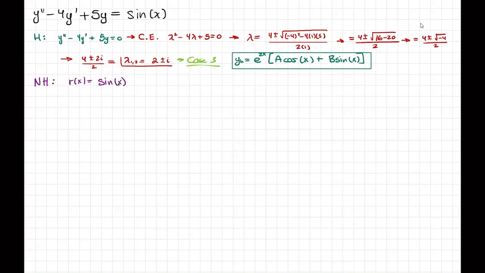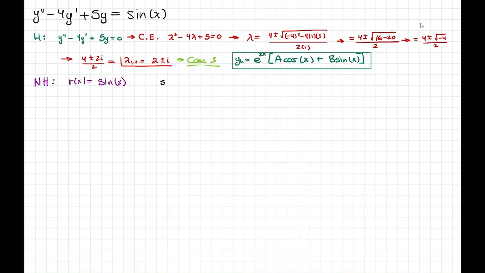And because we have sine of x, we're going to check if sine of x is present in our homogeneous solution. Even though we can see it here, it's not actually the same, because this one is multiplied by the exponential. So they're not the same. If we didn't have the exponential, then yes, we would probably have them present in our homogeneous, but in this case, that's not what's happening.